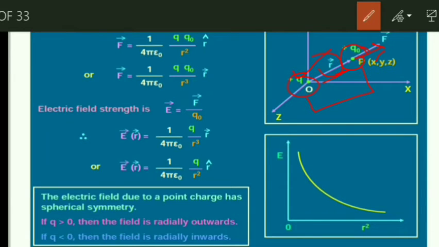Now friends, as we know, the Coulombic force between these two charges can be given by this expression. Since we know that r unit vector can be given as vector r divided by its magnitude, using this value here we will get this expression.